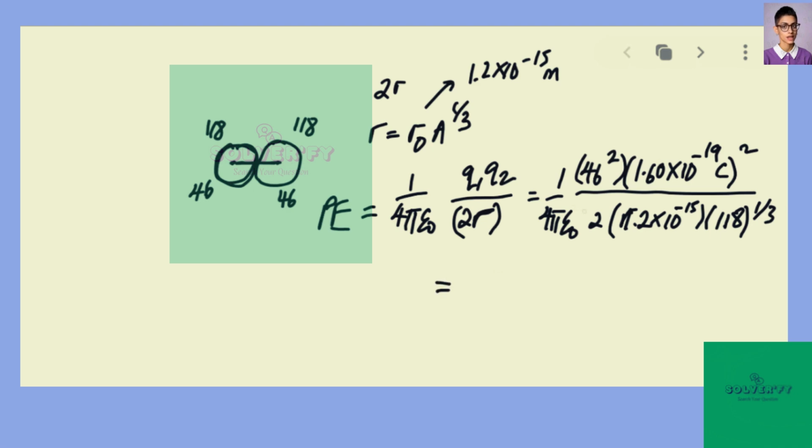Epsilon naught is the permittivity of free space, which you should be able to look up online. The value is about 8.85 times 10 to the power minus 12.